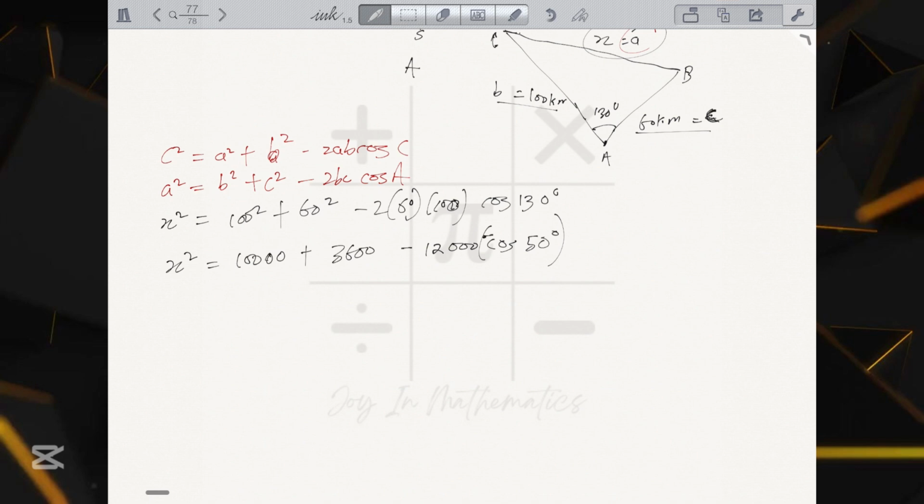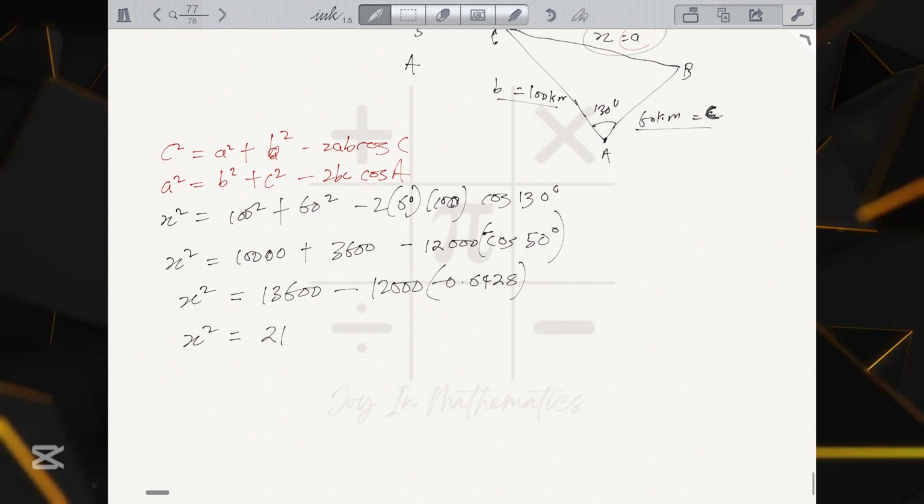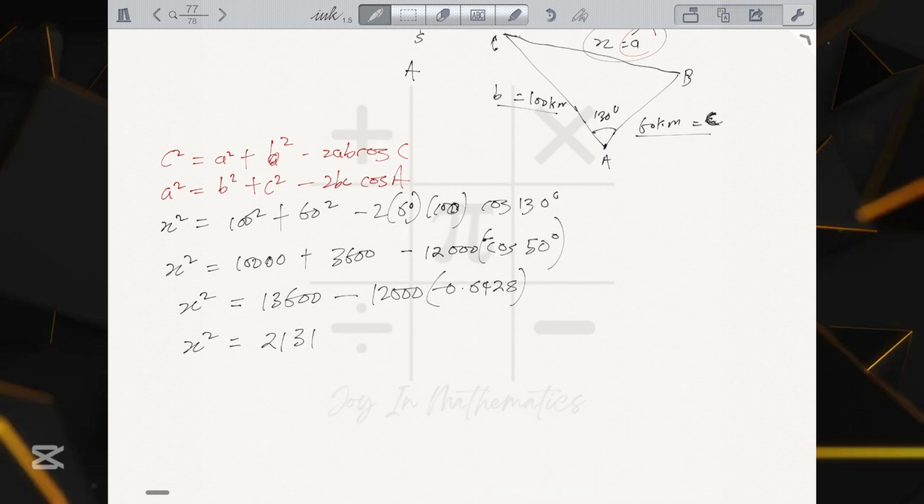So simplifying further, we'll have 13,600 minus 12,000 multiplied by cos 50 degrees, which is 0.6428. So we'll simplify and we'll have X squared equal to 21,313.6.